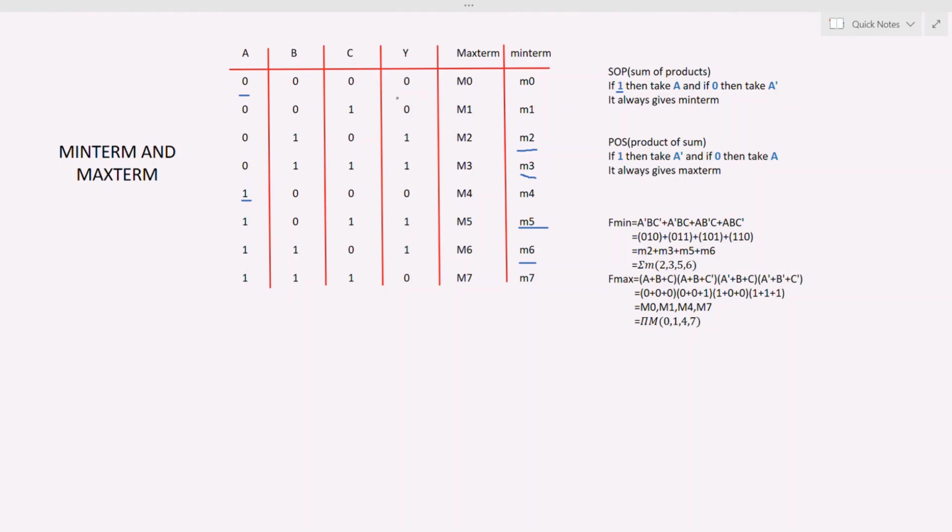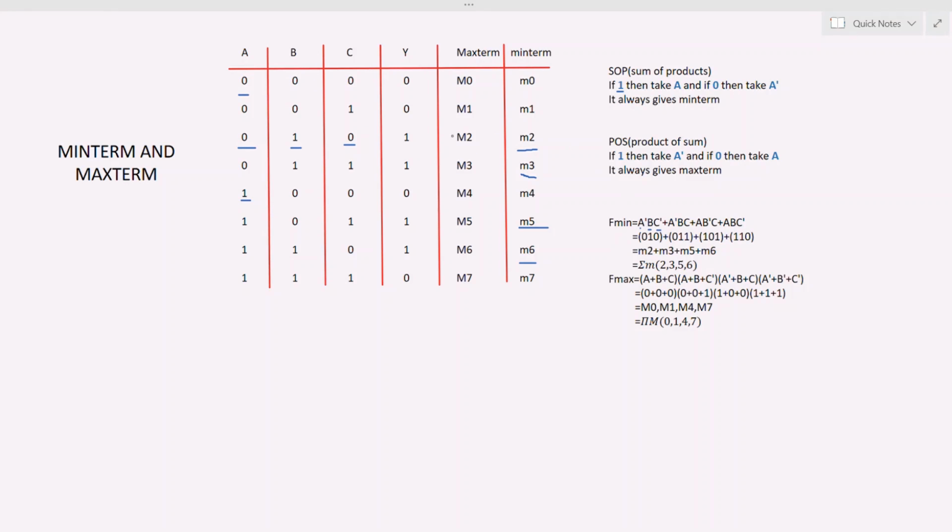Correspondingly we can write the equation for m2. Here A is 0, and in SOP form if the variable is 0, we take it as the complement of that variable. So here I have taken A dash, and B is 1, so I have taken B itself. C is 0, so complement of C.